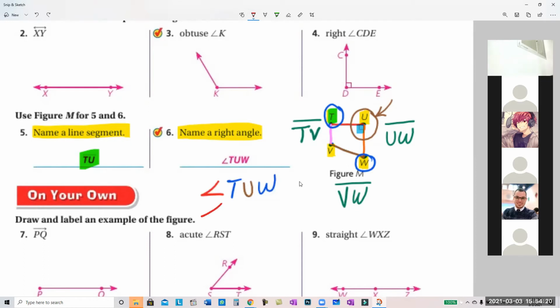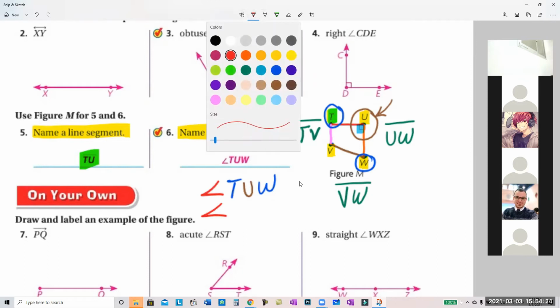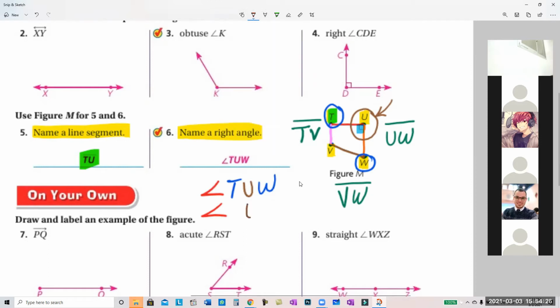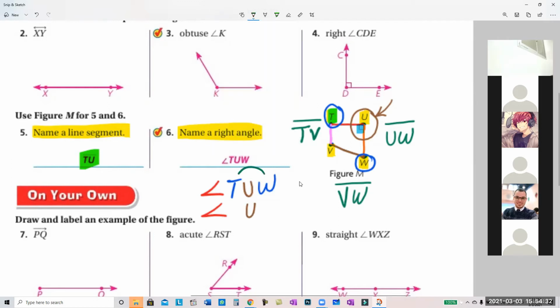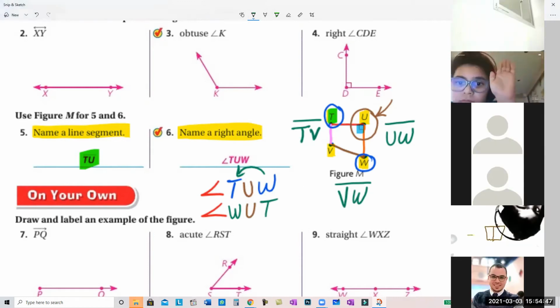Firstly, put the sign of the angle and then put the W, U, T. U, the vertex in the middle, and just inverse it. So we're gonna inverse it. So it will be W, U, T. So it will be angle WUT. Okay, thank you so much, Yahya. Great job, man.